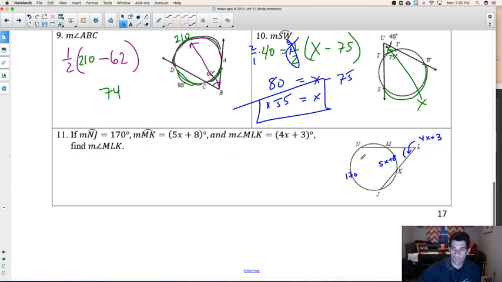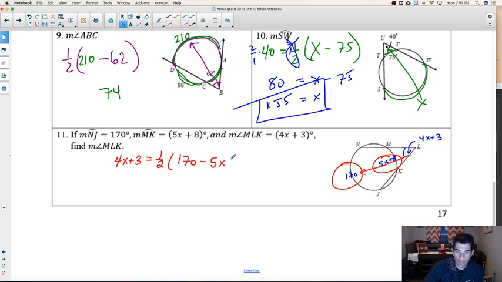So they said find MLK. Okay? So that's the angle. Shoot it out. You hit this arc and this arc. So the angle is 4x plus 3, which is equal to 1/2. The larger arc is 170. The smaller arc is 5x plus 8.